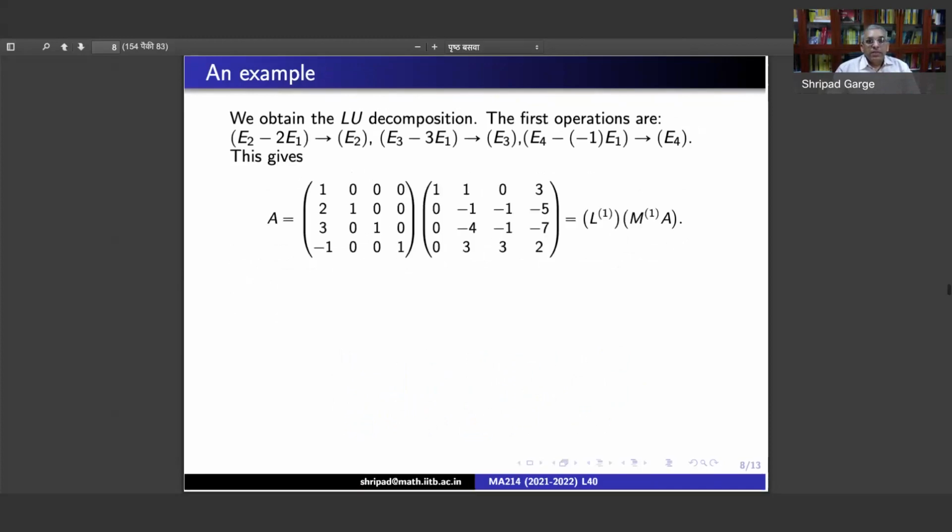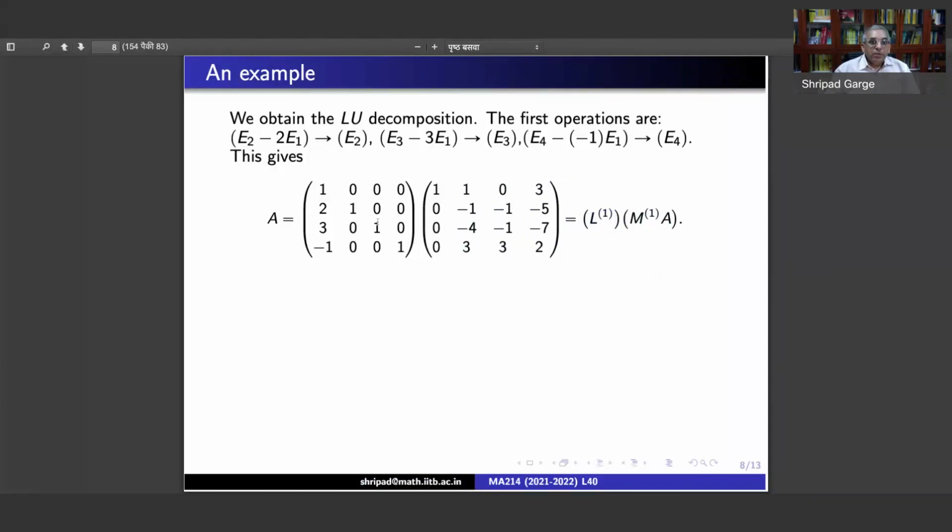So this gives our matrix A equal to, we have done, this is our M1 into A. This is the matrix A2, sorry, not A1 but A2. And this lower triangular matrix is our matrix L1, which is the inverse of these.